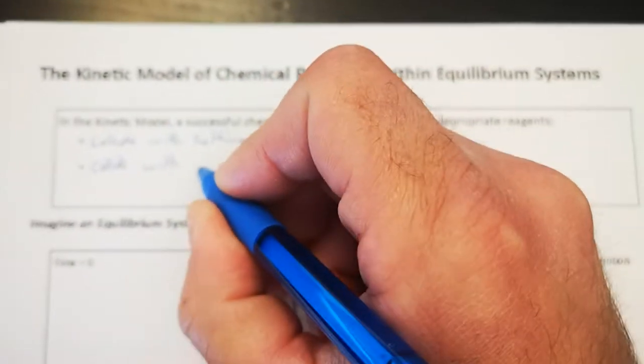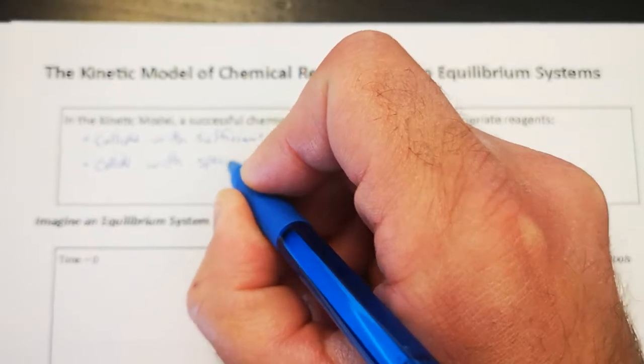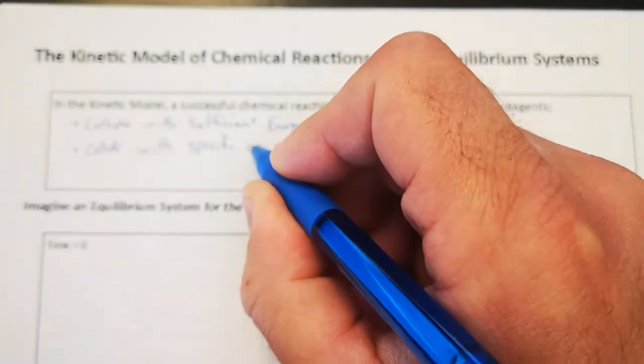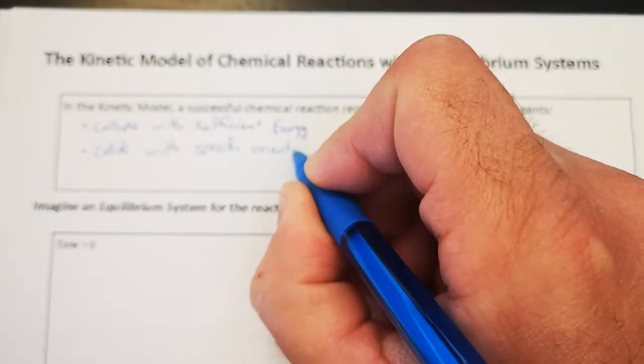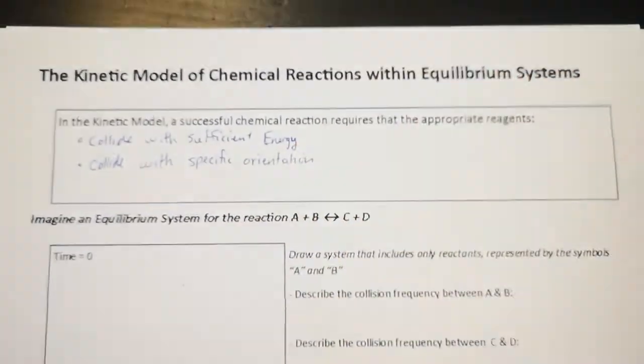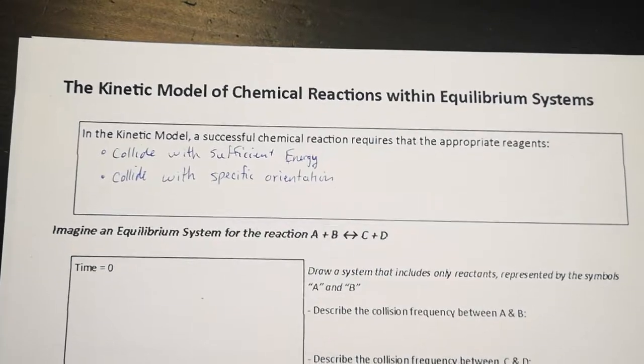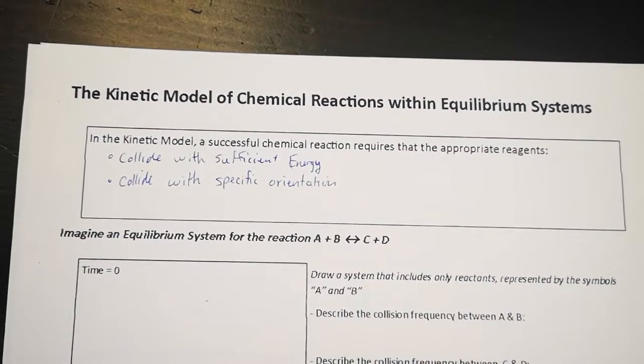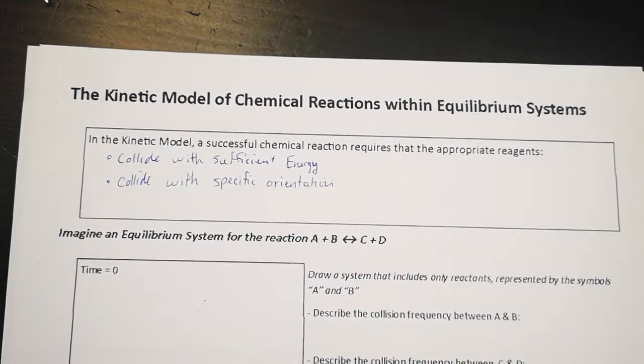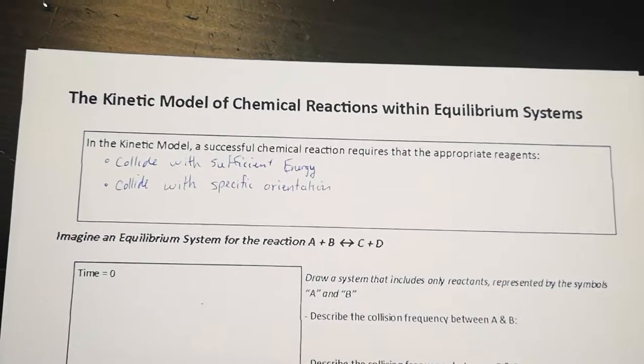The second criteria is they have to collide with a specific orientation. It's kind of like when you're trying to put two pieces of Lego together. If they're not facing in the right direction, they won't connect. No matter how hard you push the bumps into the other bumps, they're not going to come together.